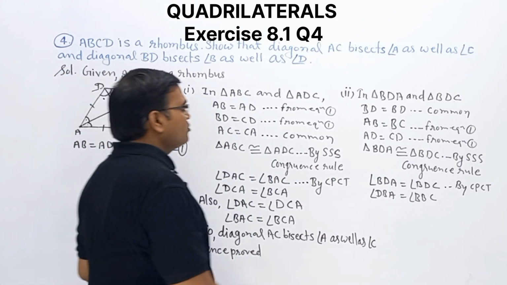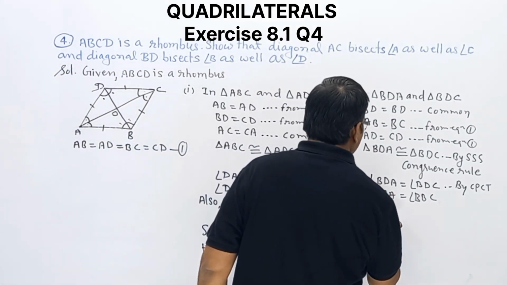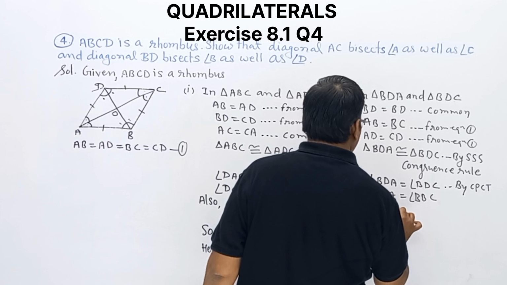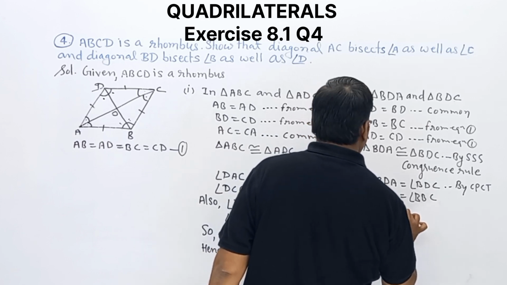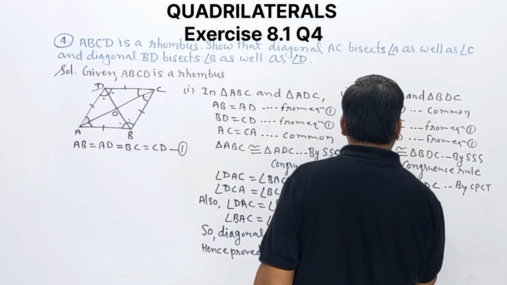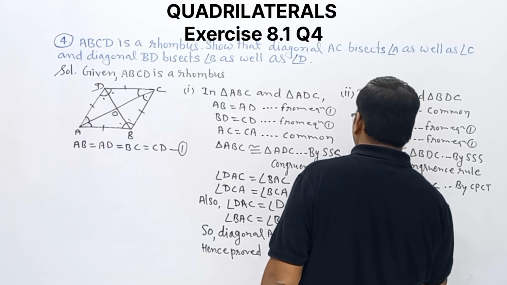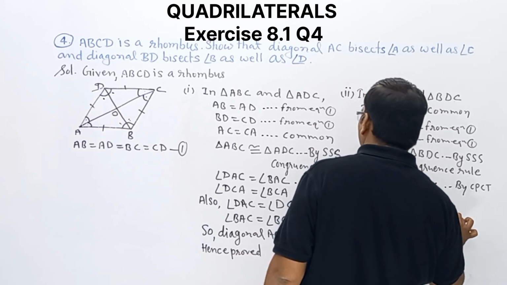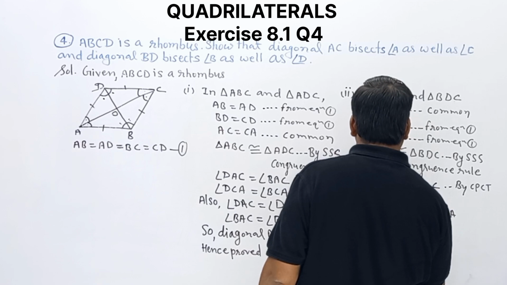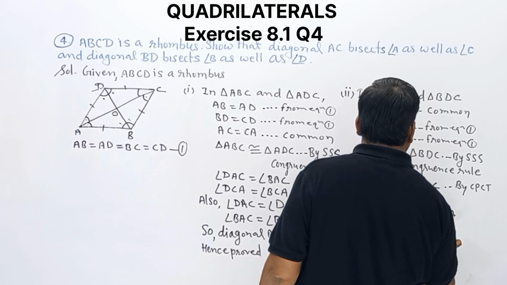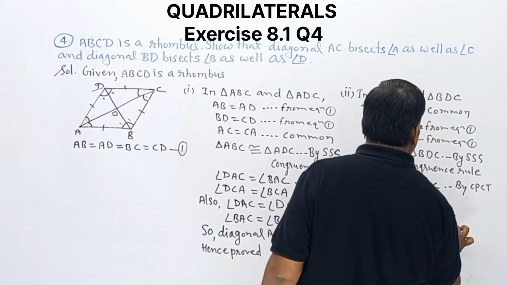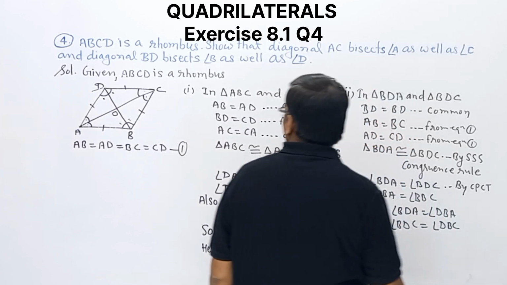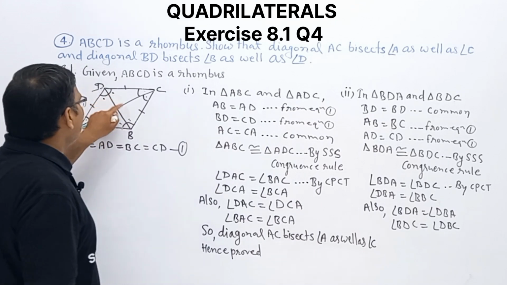So also we can say, angle BDA equal to angle DBA, or we can say angle BDC equal to angle DBC. This angle equal to this one, this angle equal to this one.